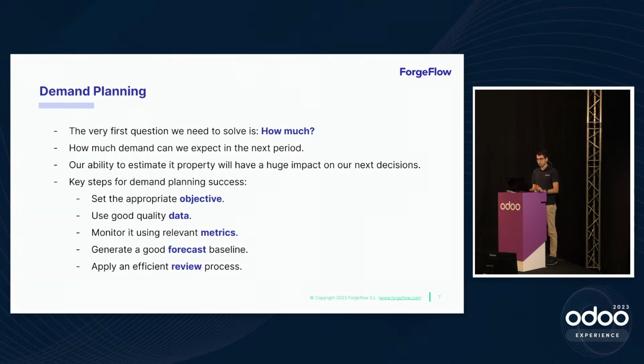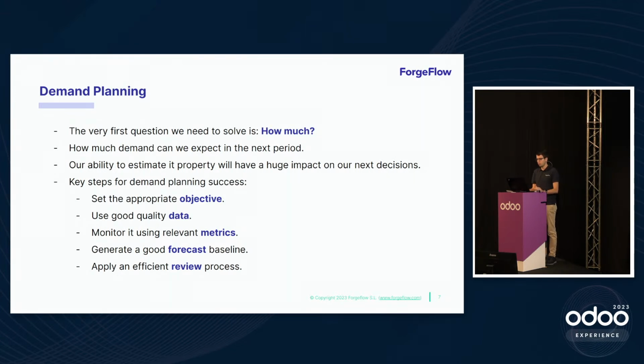We define some key steps that you see here in this process. The first is setting an appropriate objective. It's very important to use good data and have good data quality. Then we need to monitor the result of our forecast with relevant metrics, deciding what metric to use, because there are a lot of them. Generating the forecast baseline means that we start with our forecast model generating a first forecast done by the computer.